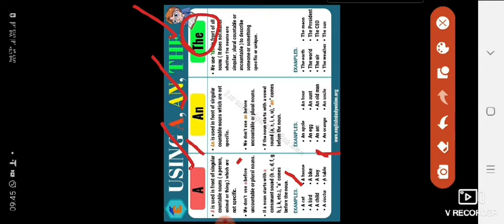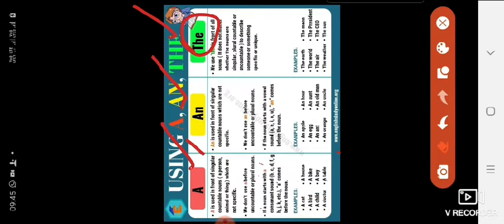Uncountable nouns therefore means those nouns which cannot be counted, and plural nouns are those nouns which are mentioned more than one subject.